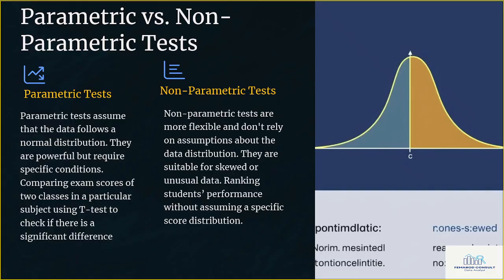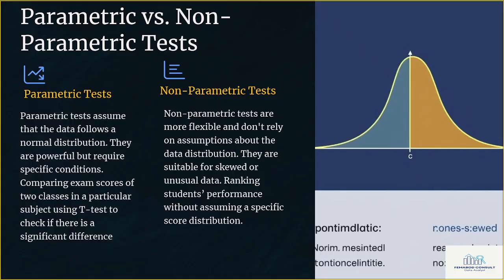But a non-parametric test is flexible. They don't rely on assumptions about the data distribution. They don't rely on what is probably going to be, and they are suitable for what we call unusual data or skewed data. So it's more like you are dealing with students individually.